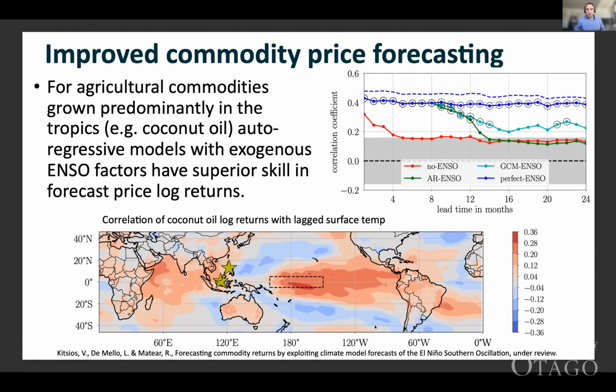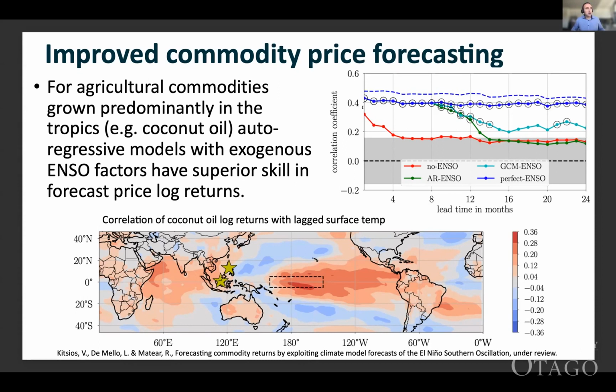I spoke about this in some detail last year in this forum. For agricultural commodities grown predominantly in the tropics, the example I'm illustrating here is that of coconut oil. If we generate autoregressive models with exogenous ENSO factors, those models have superior skill in forecasting the log returns of this commodity as compared to autoregressive models that do not use the exogenous ENSO factors.